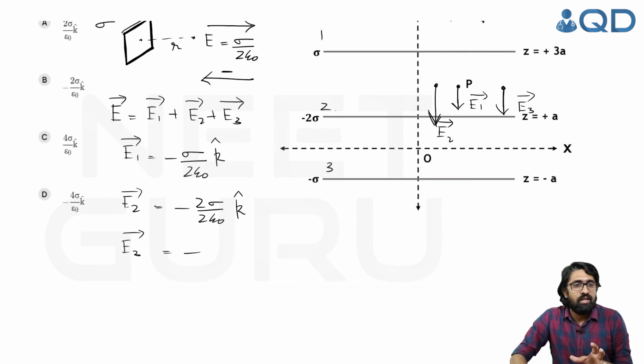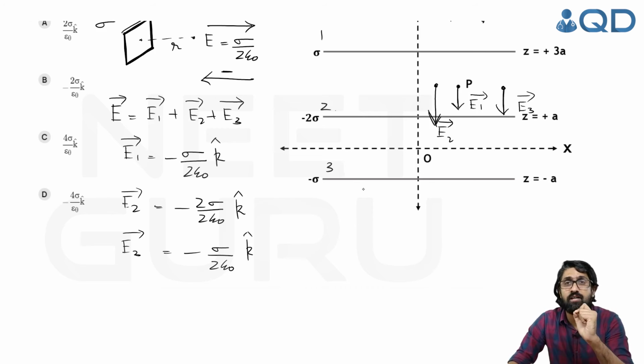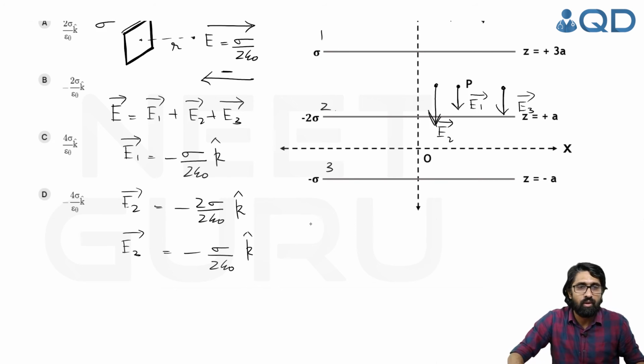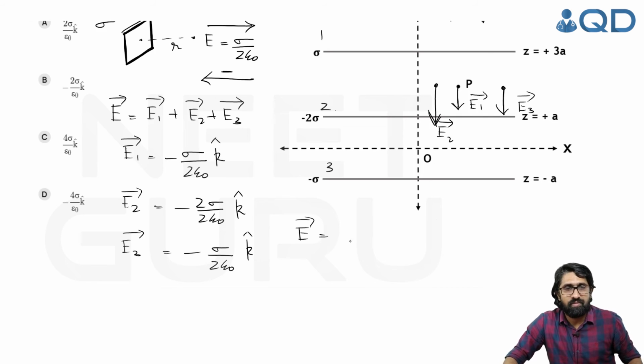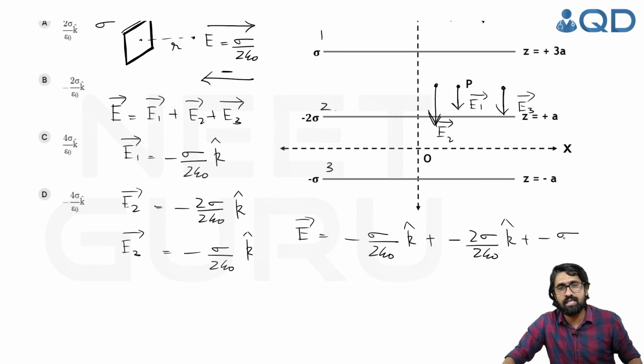Now, the direction is minus k cap downwards here, and the value will be sigma by 2 epsilon naught, because the surface charge density of the third sheet is simply sigma in value. Now, then I can say that E vector will finally be equal to minus sigma by 2 epsilon naught k cap plus minus 2 sigma by 2 epsilon naught k cap plus minus sigma by 2 epsilon naught k cap.